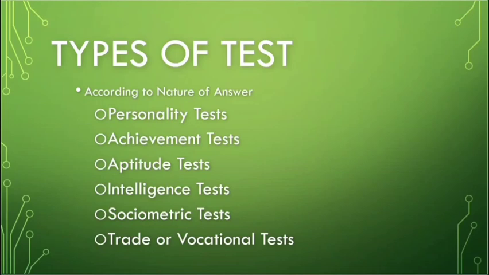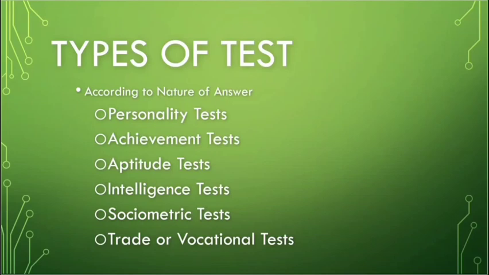So this taps various aspects of intelligence, such as analytic, practical, and creative. It's more on gauging the mental ability of the learner. One example would be identifying the intellectual quotient, the IQ. They use intelligence tests to identify the IQ level of a learner.